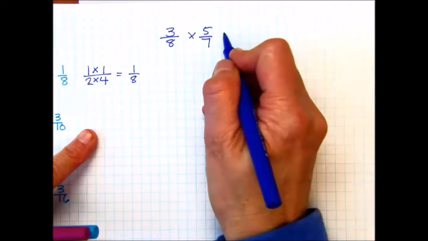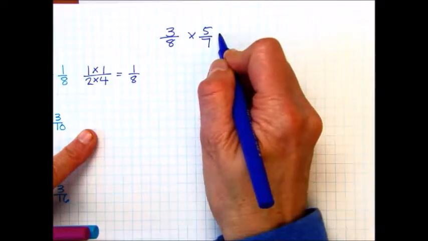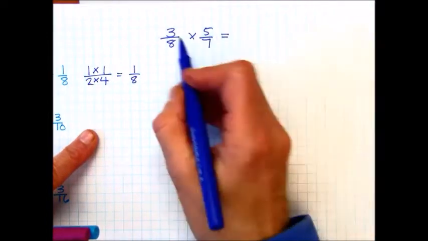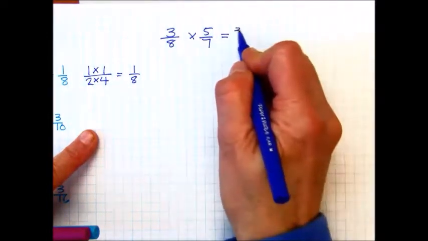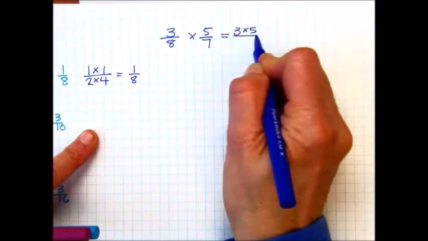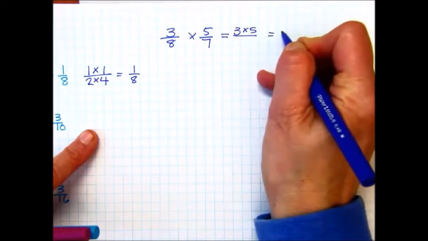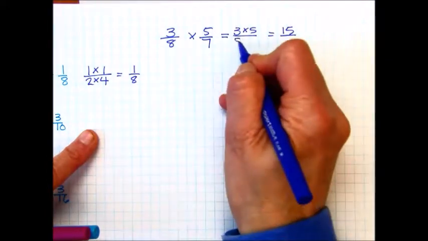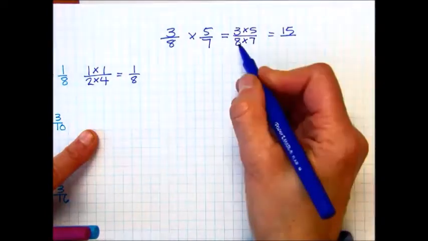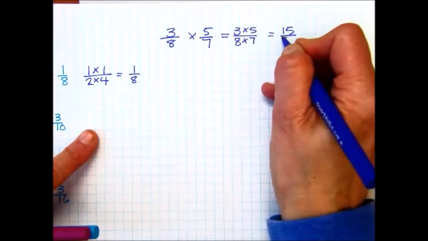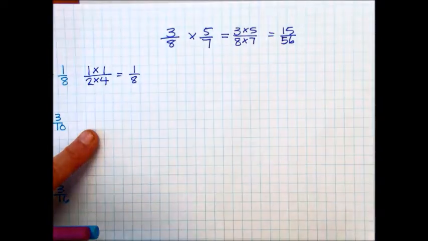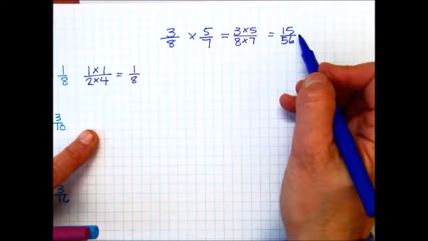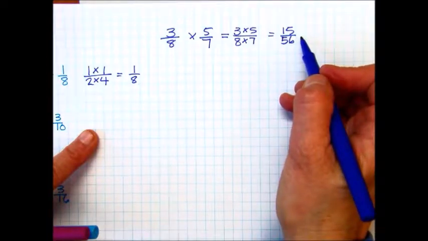And first I'm going to show you the longhand of what's going on, but then we're going to skip a step. What's happening here is we're multiplying the 3 by the 5. 3 times 5 is going to give us the 15 on top. That's the numerator. 8 times 7, that's going to give us 56, I believe. So 3/8 times 5/7 is going to give us 15/56.